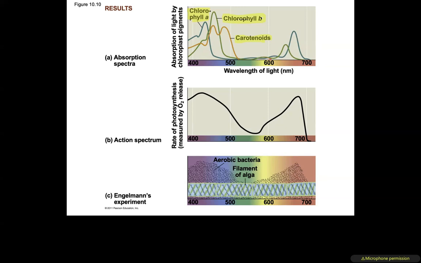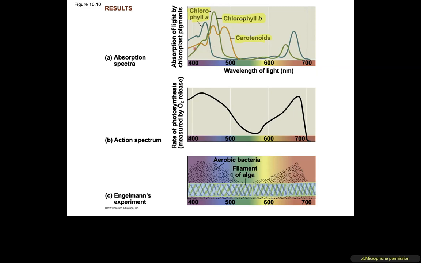It doesn't absorb, then picks up again right around here. Another nice little peak and then down again. So your chlorophyll B is going to widen that gap of absorption. So it widens the gap and then drops off, and then starts absorbing around here.